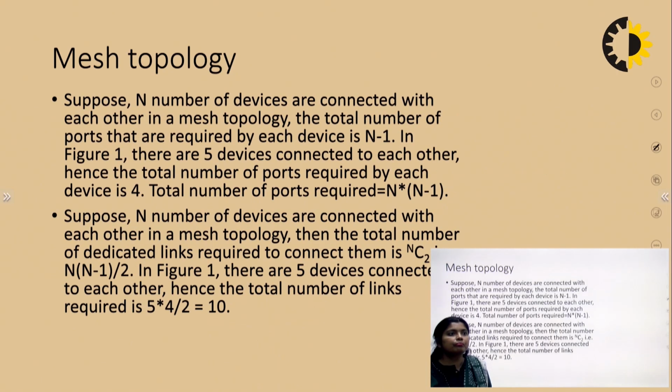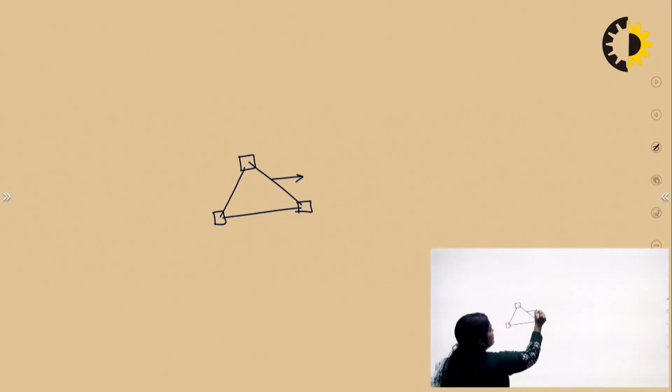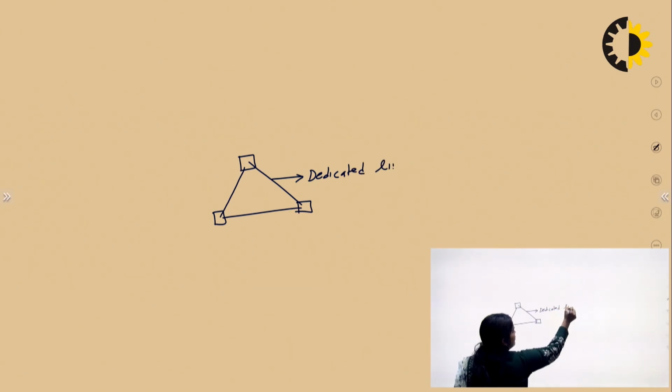In the mesh topology, suppose these three systems are connected, each and every node is connected with a dedicated link.